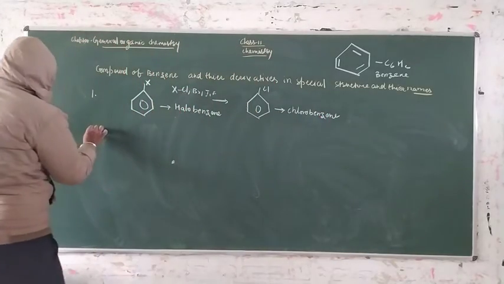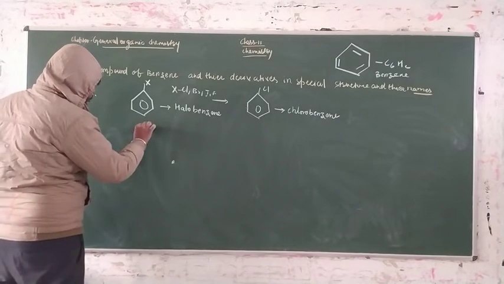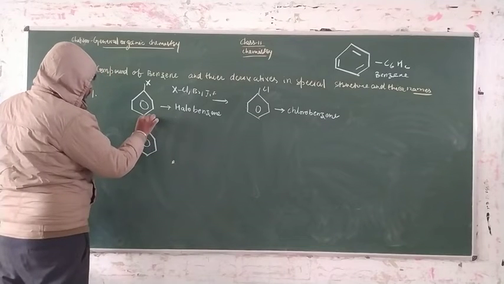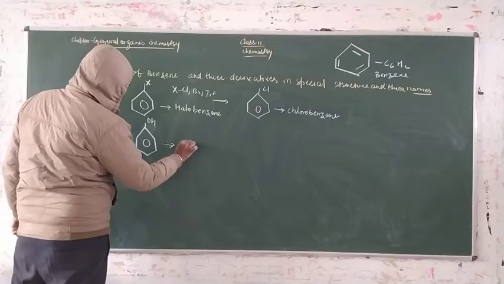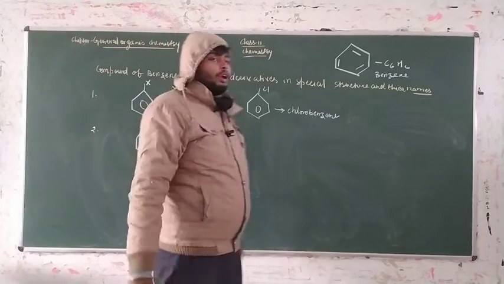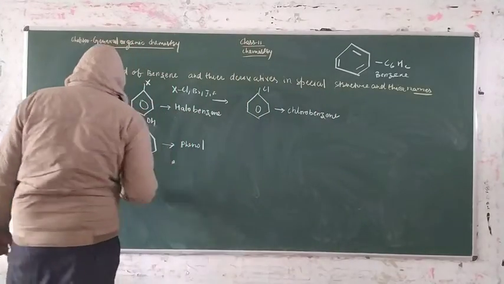The naming of the second derivative of benzene, the most popular compound, is here. This contains hydroxy on it. This is phenol. That will be your next class chapter, alcohol, phenol and ether. This is phenol.